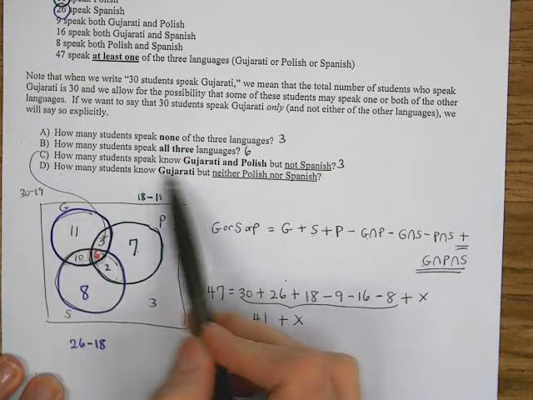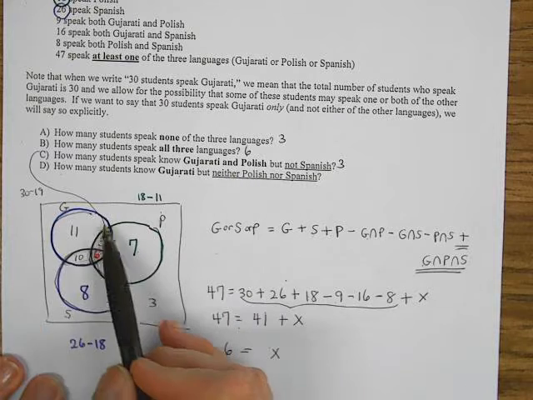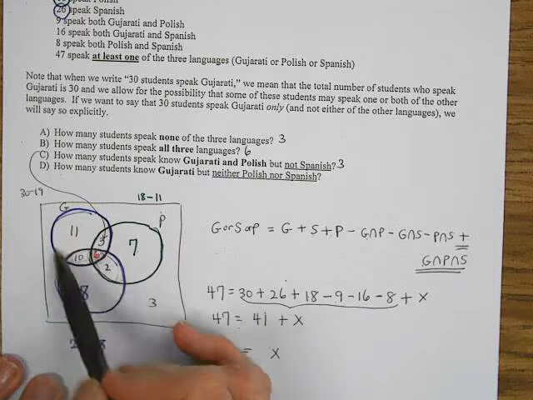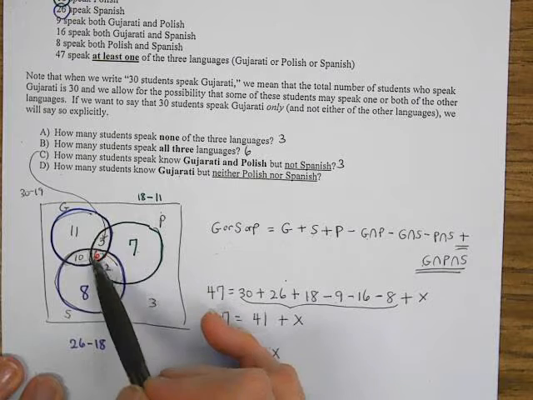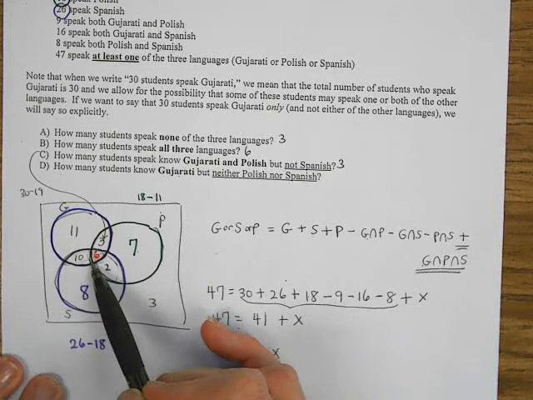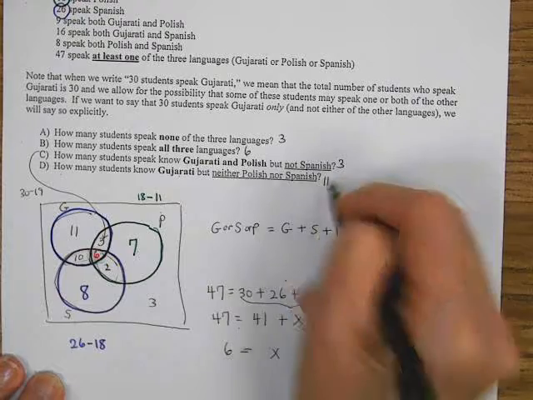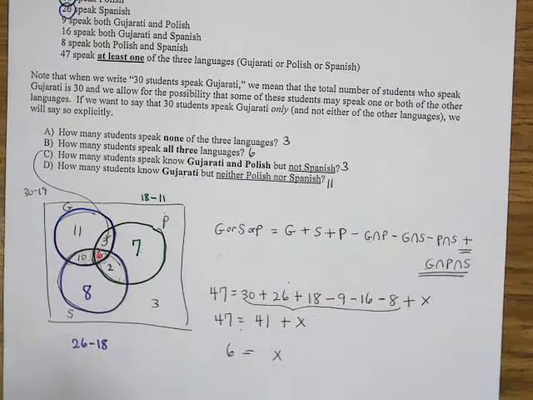How many students know Gujarati, but neither Polish nor Spanish? So Gujarati is my purple, but I don't want them to be in any of these overlaps because they can't be in the purple or the green. So the only ones that are strictly in the blue ring and nowhere else are 11. And then I've answered all my questions. That's it.